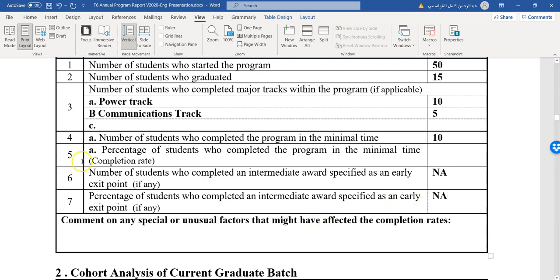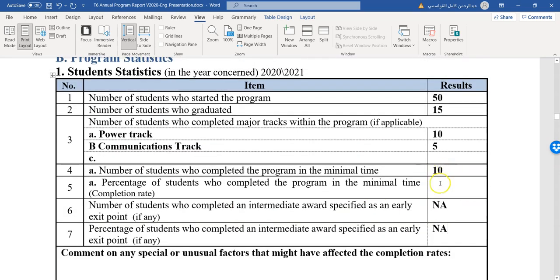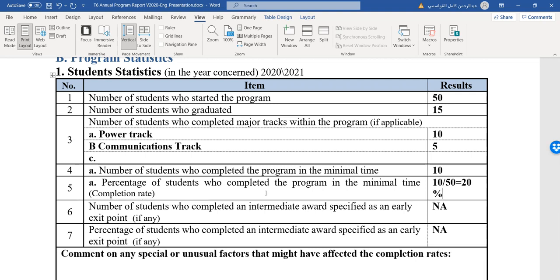For the completion rate, you divide the 10 students who finished over the total number that started the program, 50, and we have a completion rate of 20%. 20% of students finished the program in the minimal time.